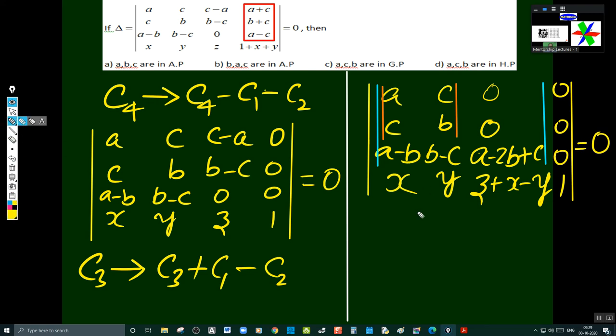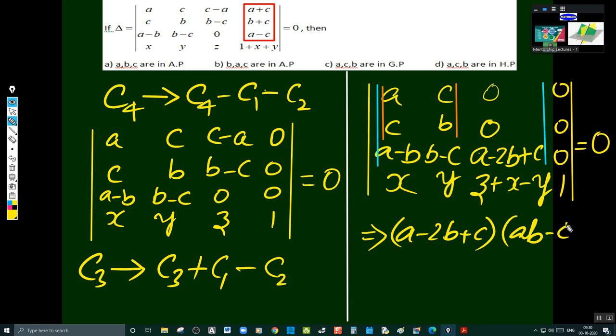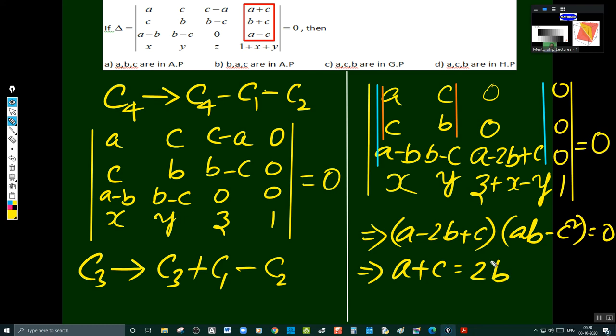Anyone? Do tell me the determinant now. A minus 2B plus C into AB minus C squared. Done, please. To solve the question itself, it has taken that much time. So to form the question, just imagine how much time the professor takes.